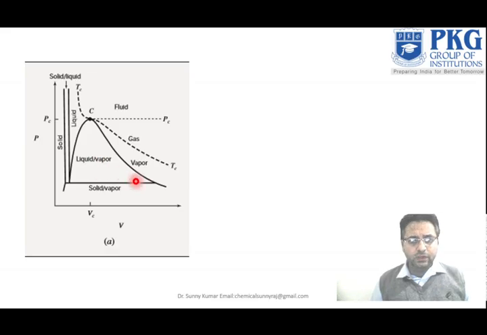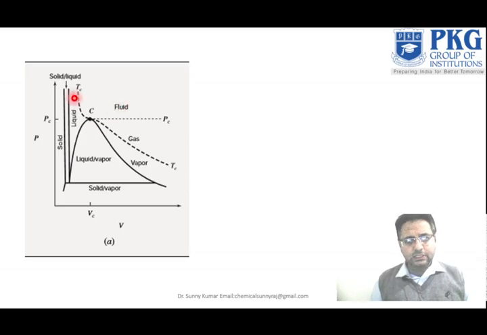So this is your PV diagram. This is for vapor, and this is where liquid and vapor can exist. This point C is the critical point, and here is the solid-liquid-vapor line. Here in this state solid and vapor can exist. Here is the critical pressure PC, and here is TC, the critical temperature, and here this will be the fluid.